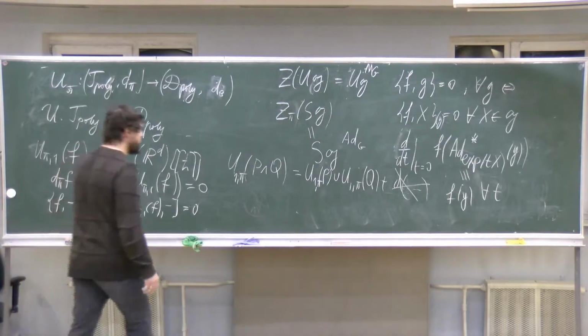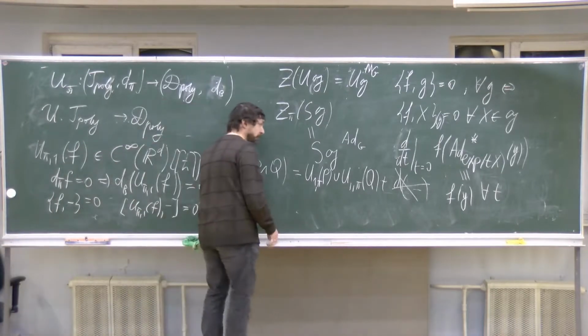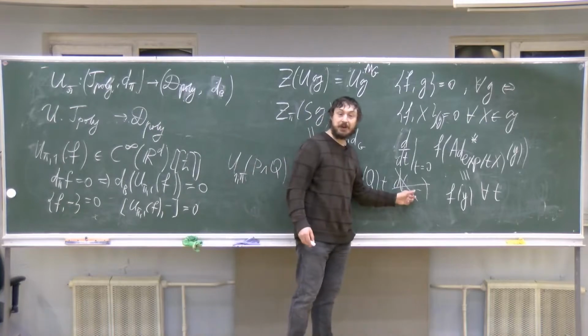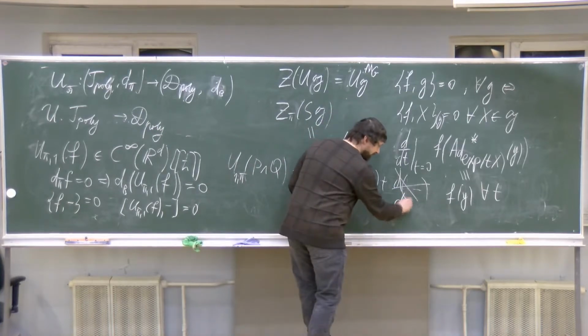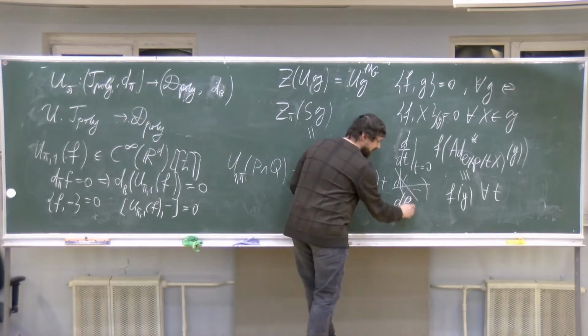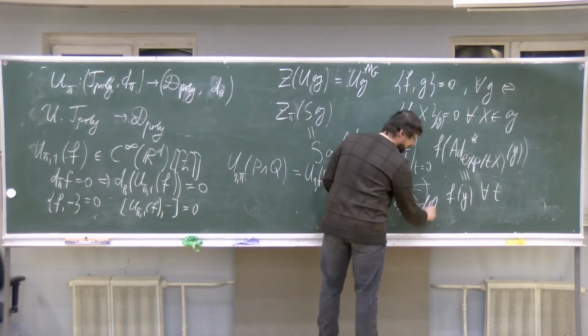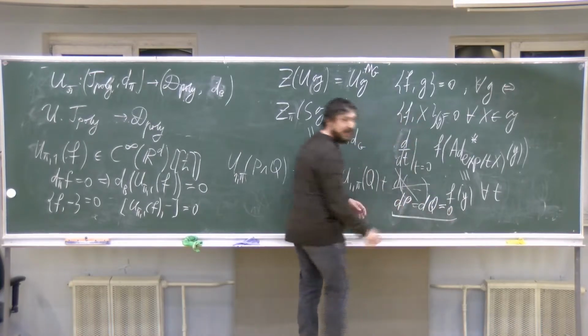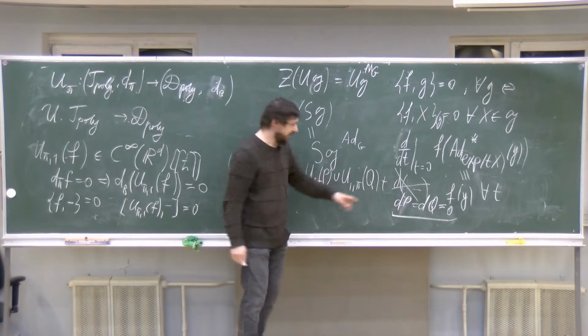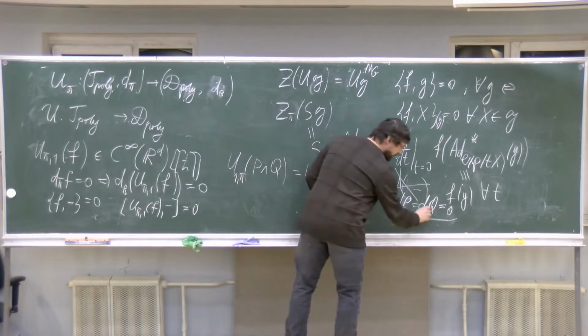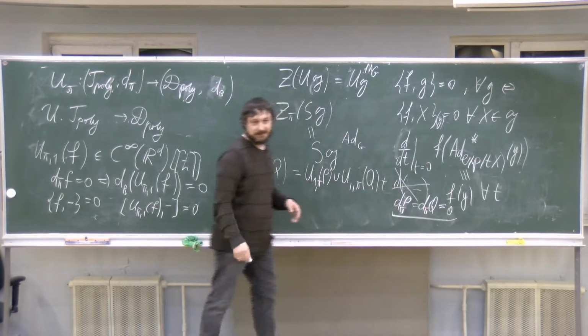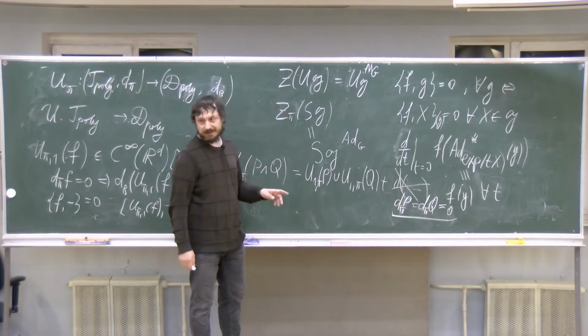Of course, the problem is that this vanishes only when df, dp, dq are equal to 0. I'm sorry, I had to say this, d pi. Q is just functions, yes?